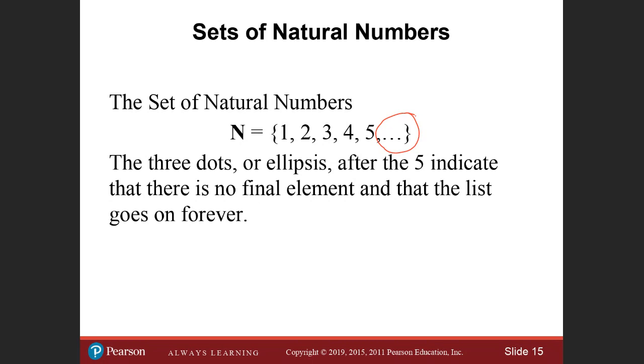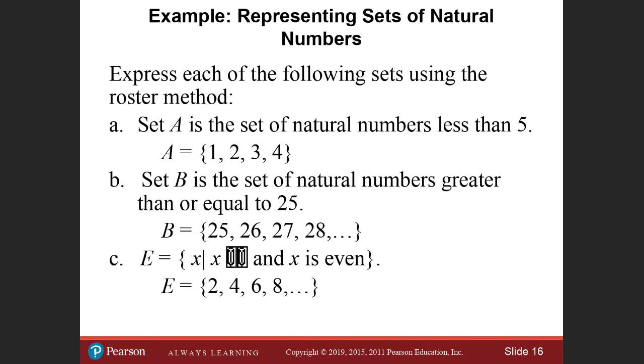It's like counting numbers, but that's a lot to list down. So by using the symbol ellipsis, three dots, it means it continues.